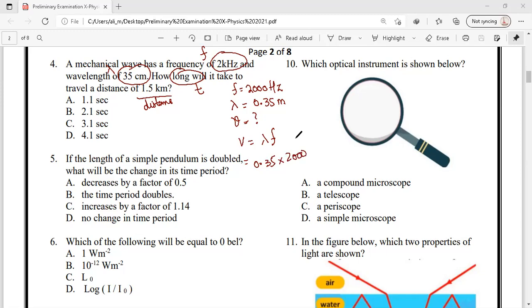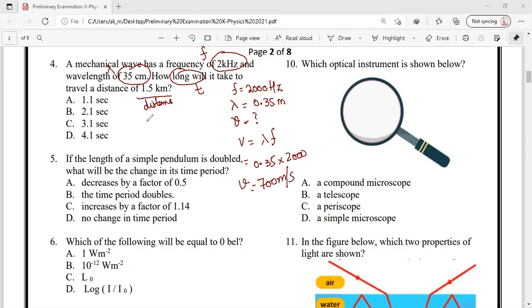So let's multiply 2000 with 0.35. So 0.35 times 2000 is 700. So we have the velocity of the wave as 700 meters per second.